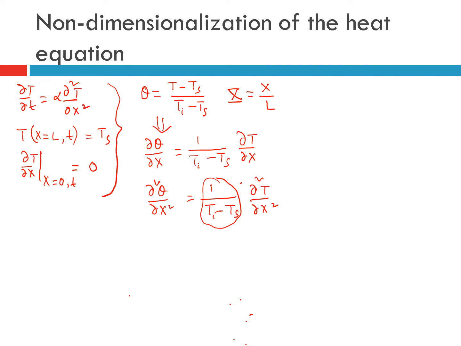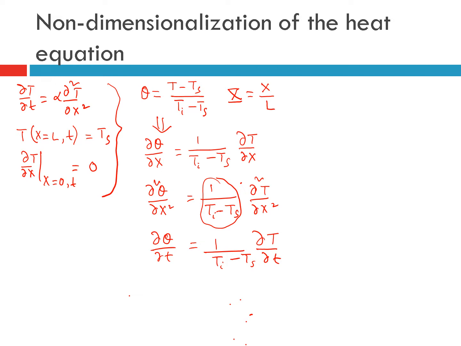Likewise, for time, del theta del t is equal to 1 over Ti minus Ts del T del t. So if we plug these into the equation right now, let's see what we get.